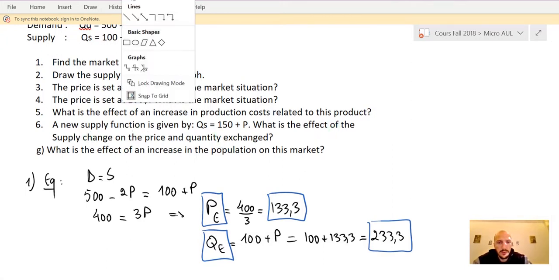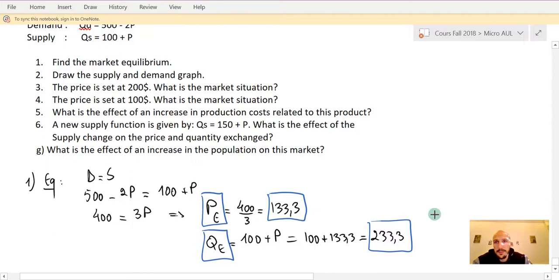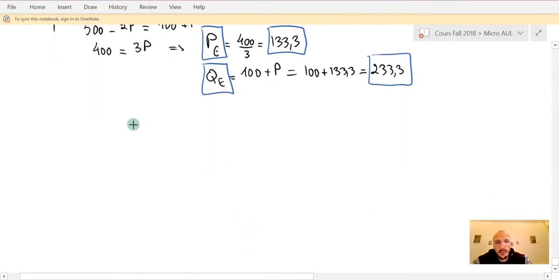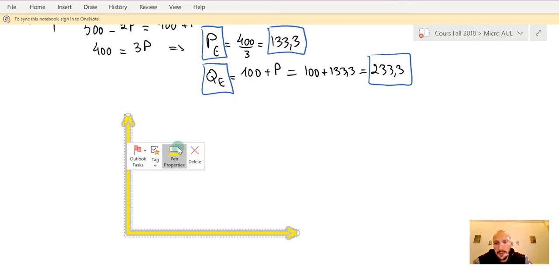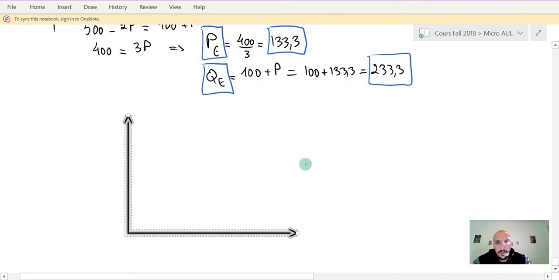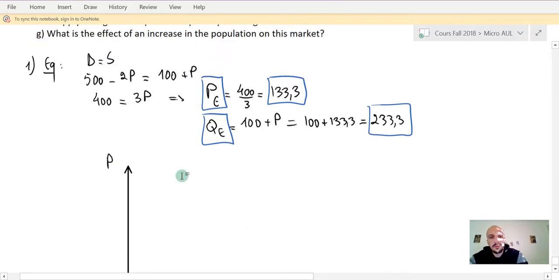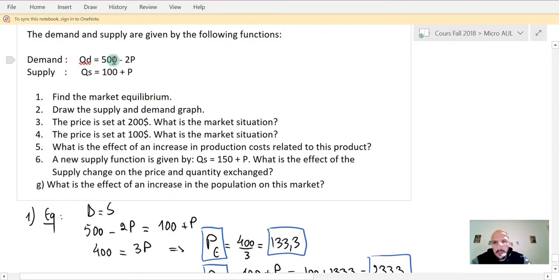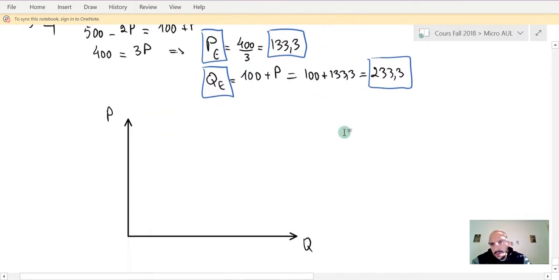We have the following. As usual, we draw our graph like this. So we have both demand and supply. We will change the color to black. Great. So here we have demand and supply and the price and quantity demanded. Very quickly, demand starts at 500 when P equals 0, and goes down to 250 when quantity demanded equals 0.